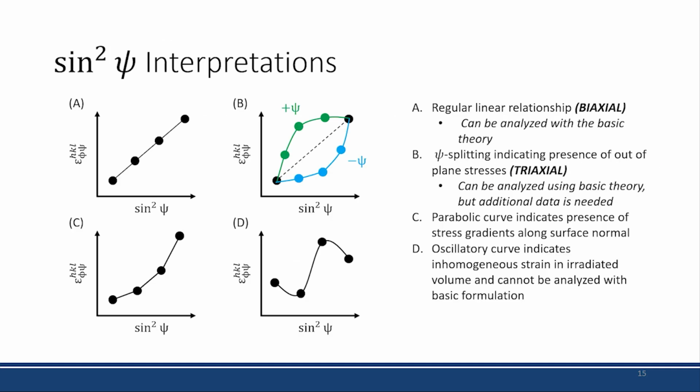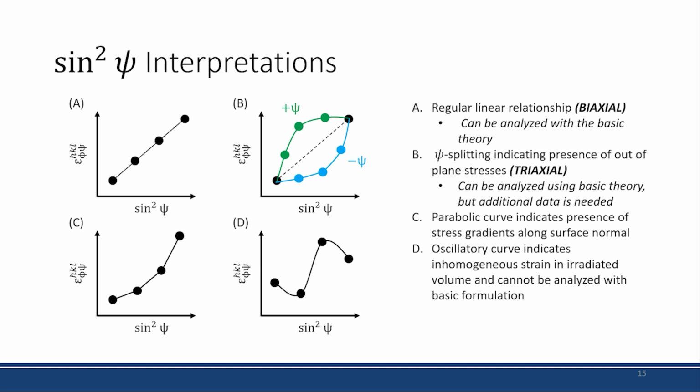So if we plot these strains or these interplanar spacing changes in the way that they change with orientation of tilt in our measurement, we can get a couple of different situations. In A here, this would be a truly biaxial stress, can be analyzed with a very basic theory that I just showed. If it's B, this is something called psi splitting.